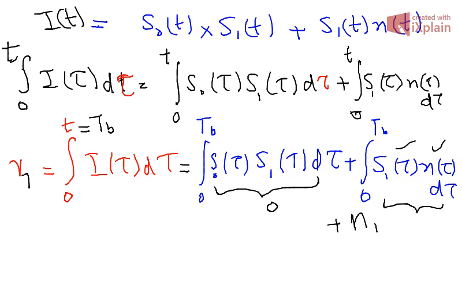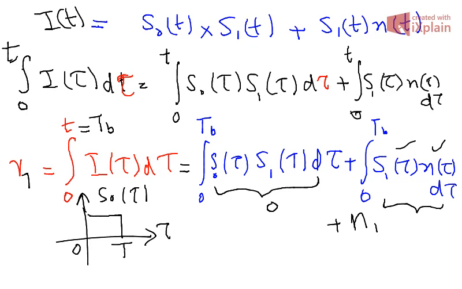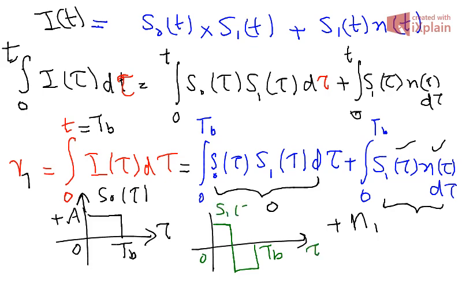These are two orthogonal signals, as I mentioned in my previous video, if you recall, that your S naught of tau is from 0 to Tb, plus A. It looks like this. And your S1 of tau, the orthogonal signal, from 0 to Tb, this is S1 of tau.